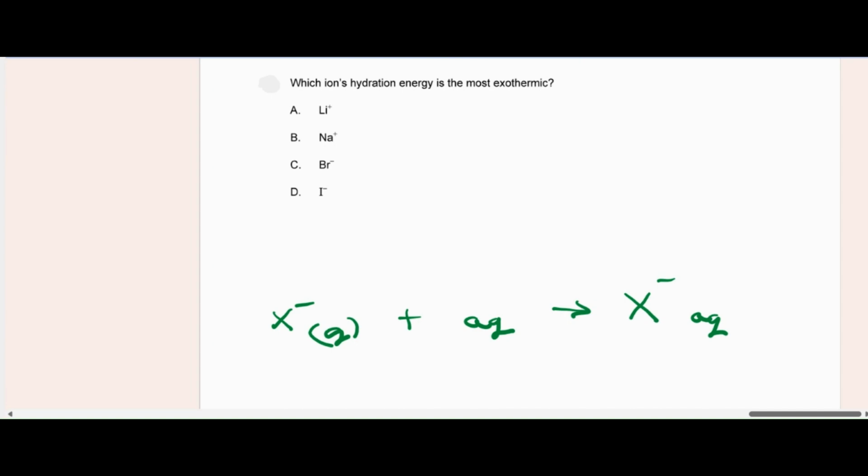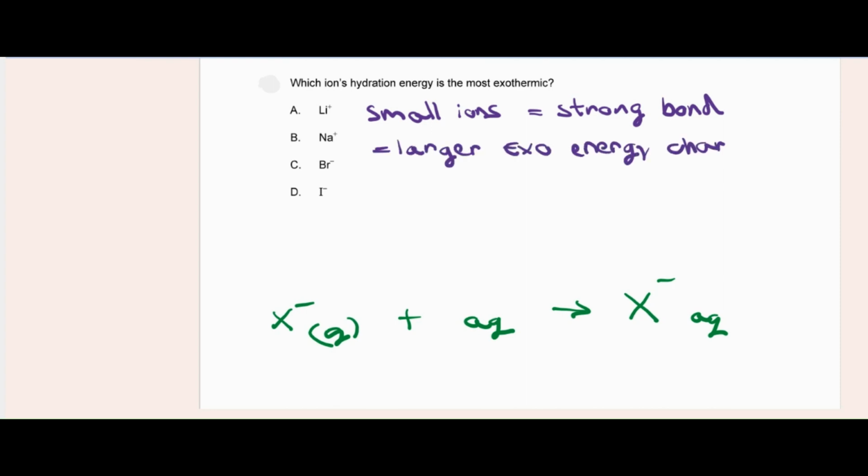Now, with small ions, you get very strong bonds, which means you get a larger exothermic energy change. The other thing to mention is the high charge magnitude.